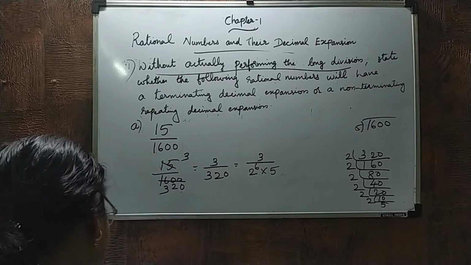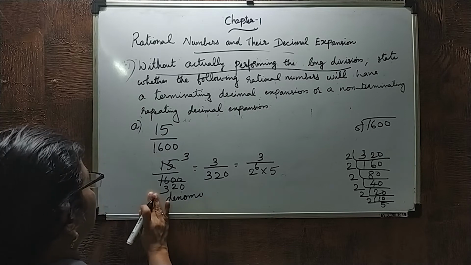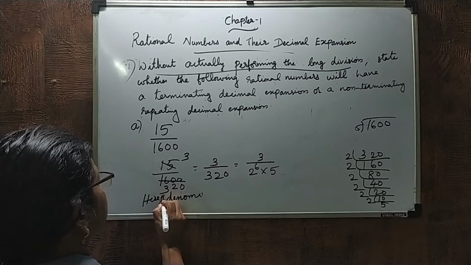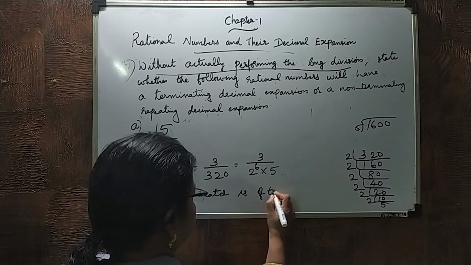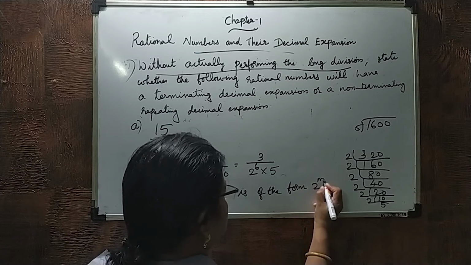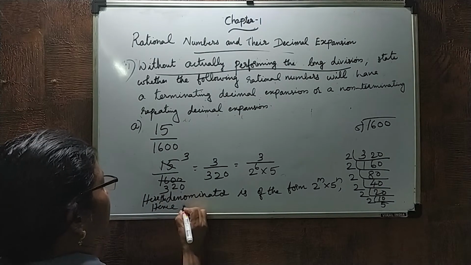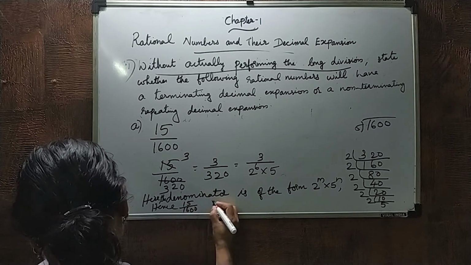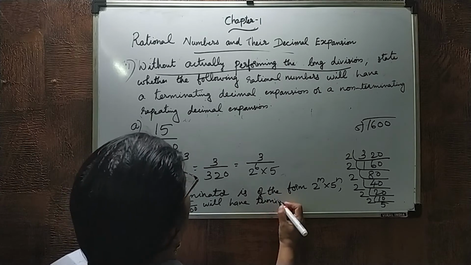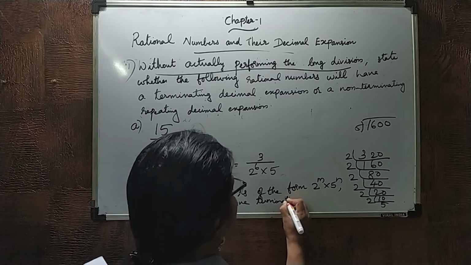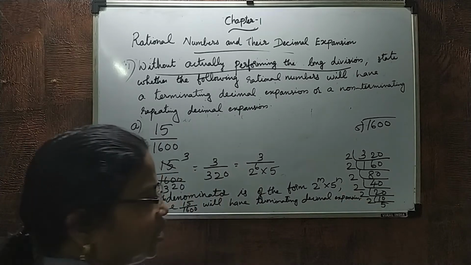So you have to write that: here the denominator is of the form 2 raised to m into 5 raised to n, hence 15 by 1600 will have terminating decimal expansion.